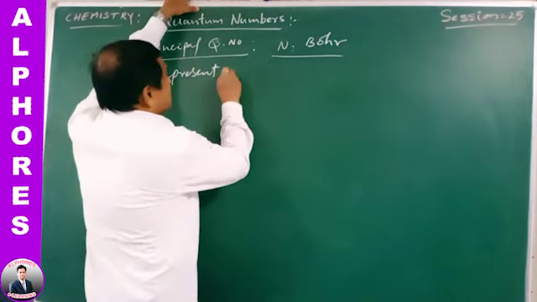What does the principal quantum number represent? It represents the circular orbit in which the electron revolves around the nucleus.